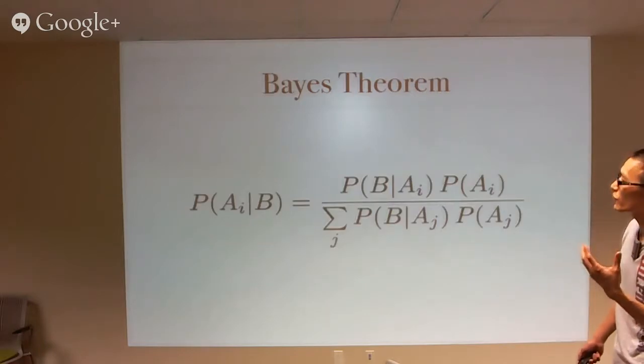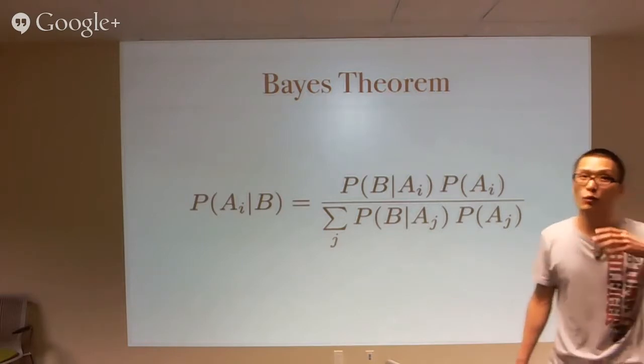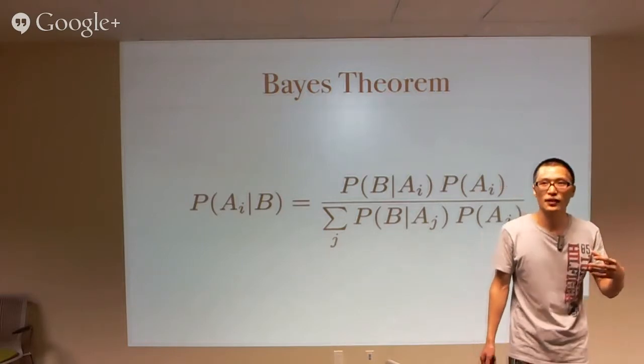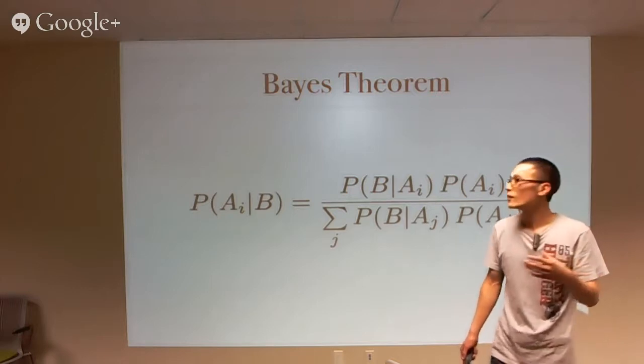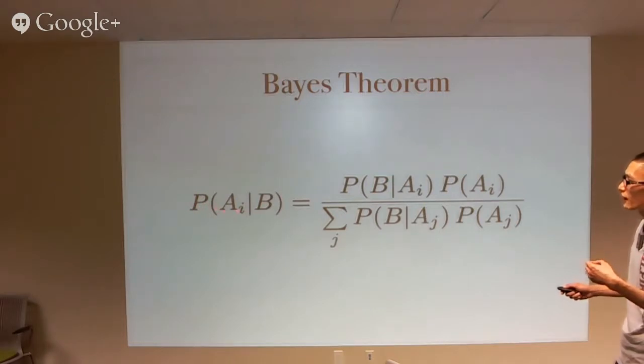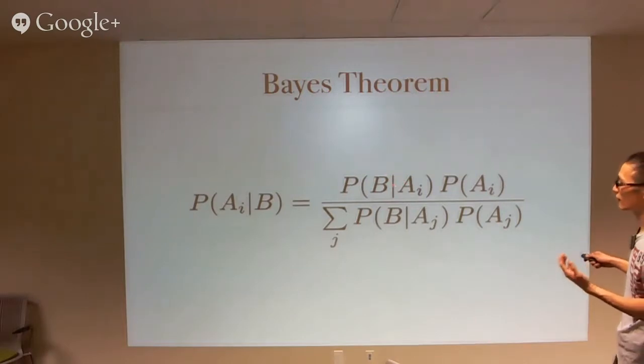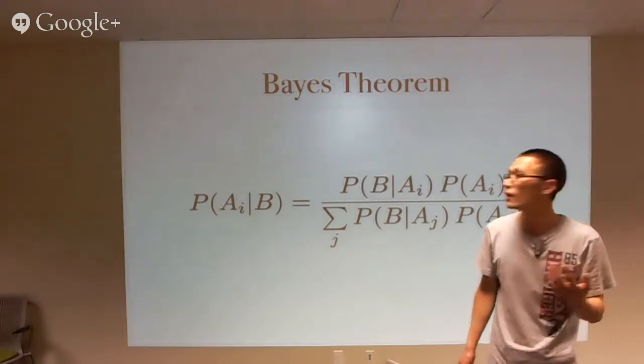So if we want to find the exact probability that the person is a woman, we use Bayes theorem: P(A given B) is equal to this formula, and the denominator is the total probability function. This is the prior probability, and this is the likelihood, which I will introduce later.